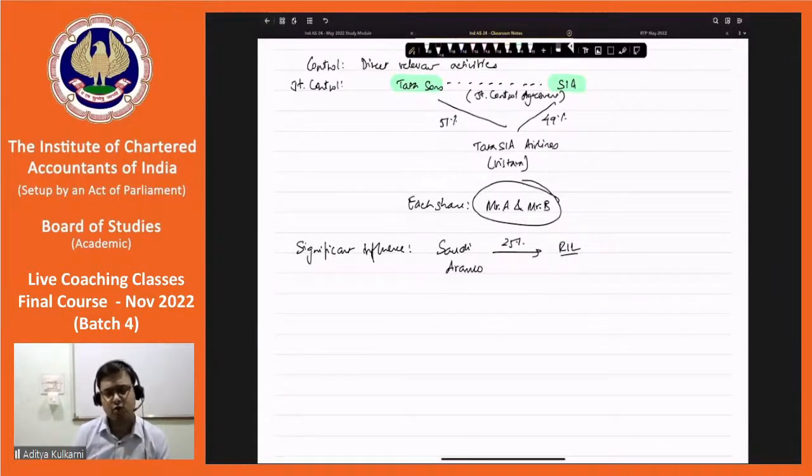So 25% of Reliance Industries share capital is held by Saudi Aramco. Is it a significant share? Definitely it is. Tomorrow, Reliance wants to take any decision for anything related to its operations. Mukesh Ambani holds 48%. Mutual funds, foreign institutional investors, all together, they are holding the balance.